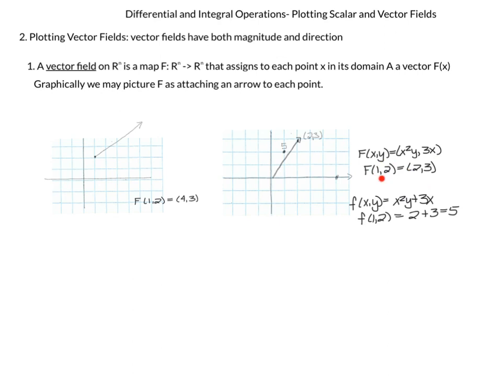So this will assign the point (1, 2) the vector (2, 3). So here I have the vector (2, 3), and I'm going to move it to the point (1, 2). This is the representation of this problem here.